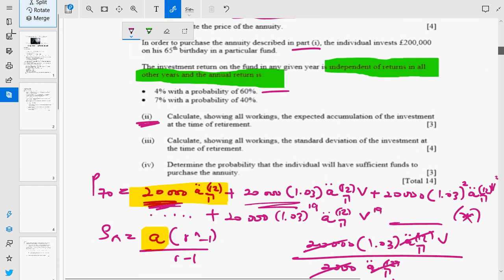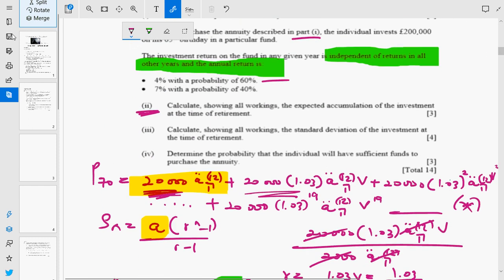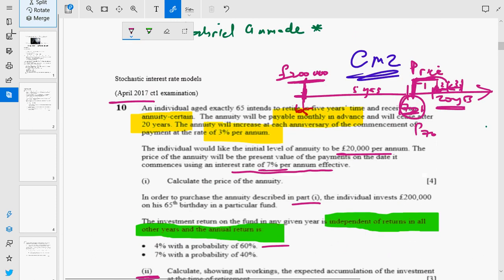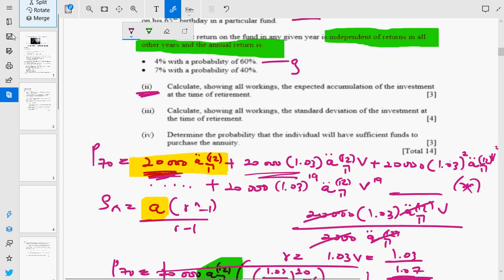They told us that the returns for these 5 years are given by this discrete probability distribution. So that should ring bells. And they told you that the returns are independent of returns in all other years.